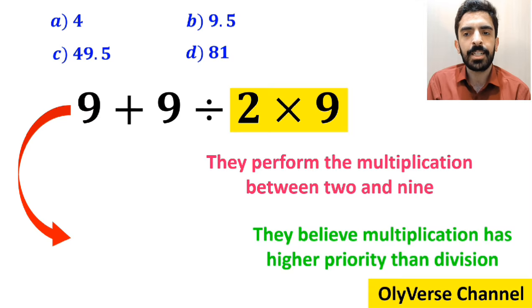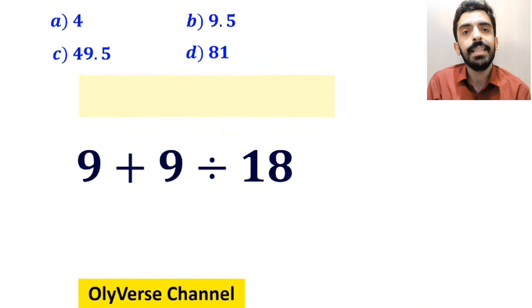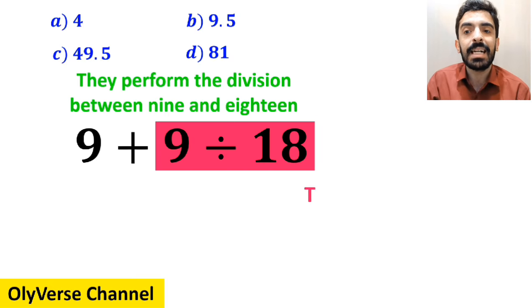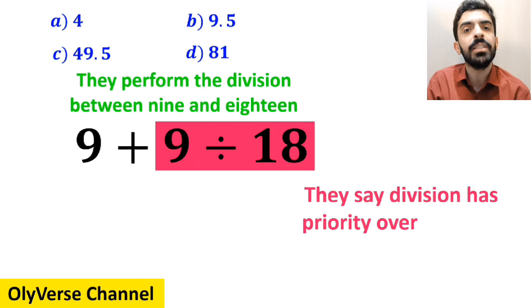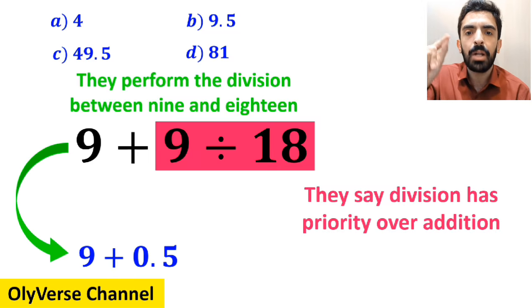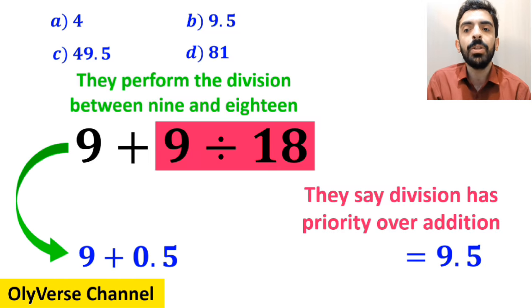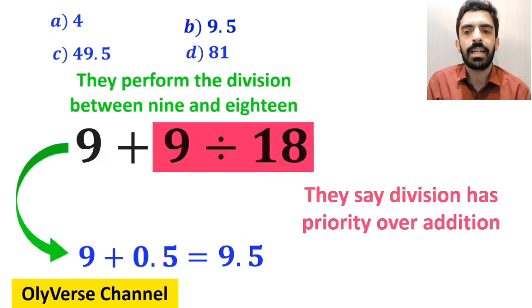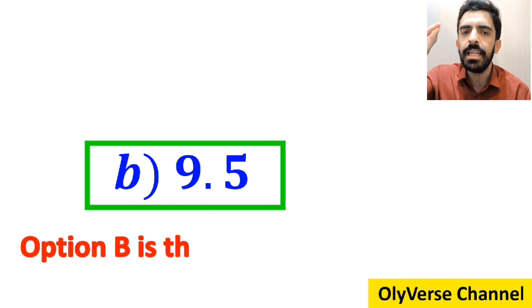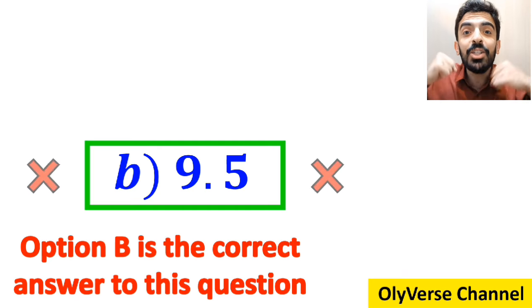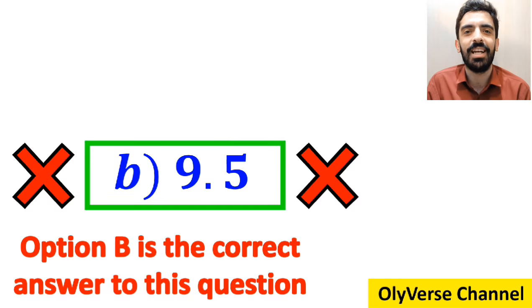So, instead of this expression, they write 9 + 9 ÷ 18. In the next step, they perform the division between 9 and 18 because they say division has priority over addition. So, they simplify this expression to 9 + 0.5, which ultimately equals 9.5. And immediately, they conclude that option B is the correct answer to this question. But it's not the correct answer to this question.